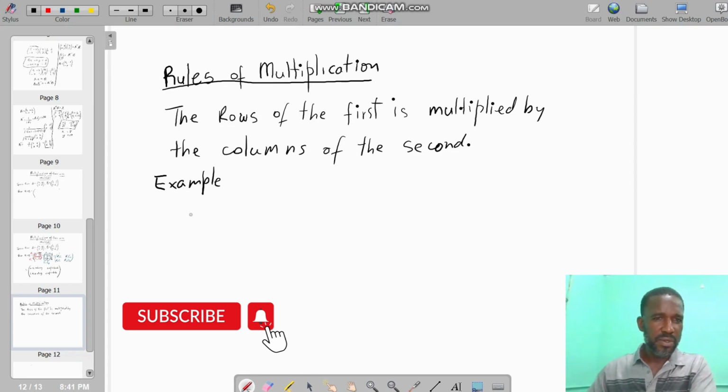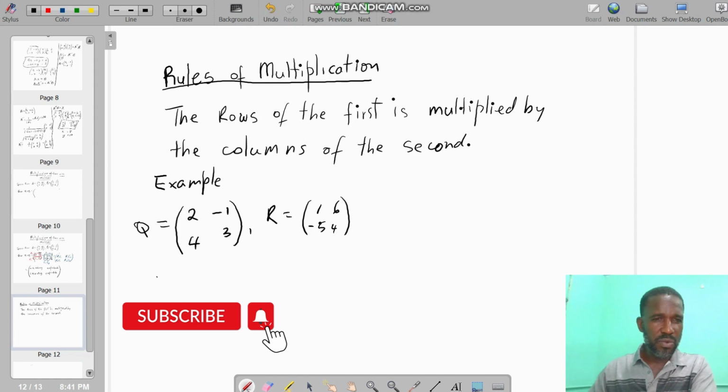So we have matrix Q equal to 2, -1, 4, 3. Matrix R is equal to 1, 6, -5, and 4.